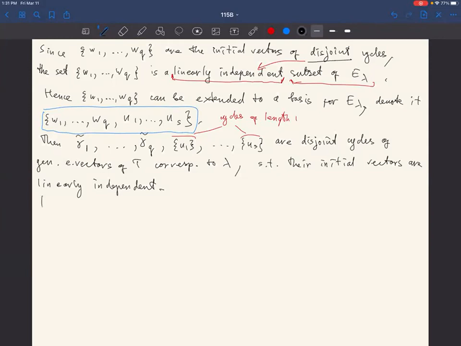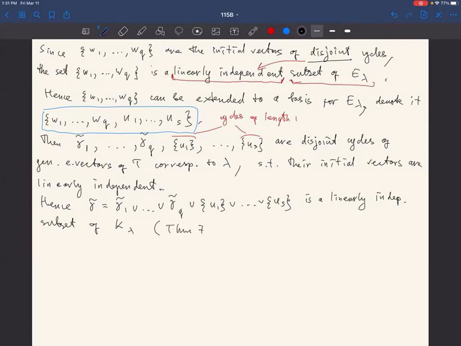Hence, if I take gamma tilde to be the union of all of this stuff, gamma 1 union gamma 2, etc., union gamma q tilde, and these vectors u1 through us, so I take the union of all of this, then all of this is a linearly independent subset of K lambda. And this is by theorem 7.6.